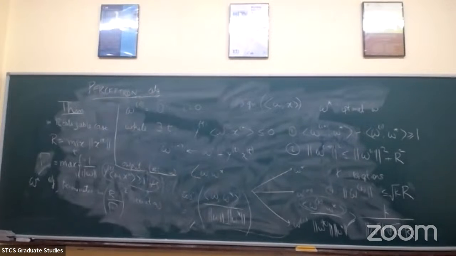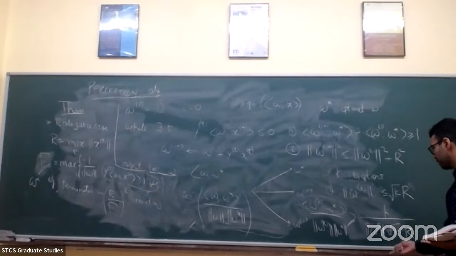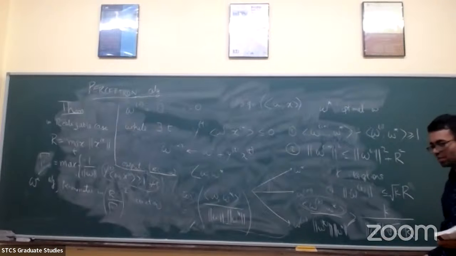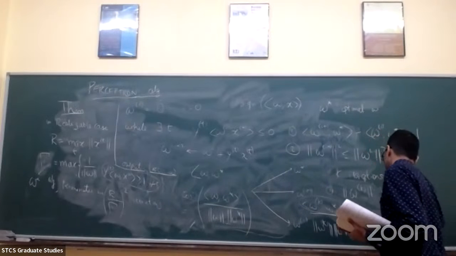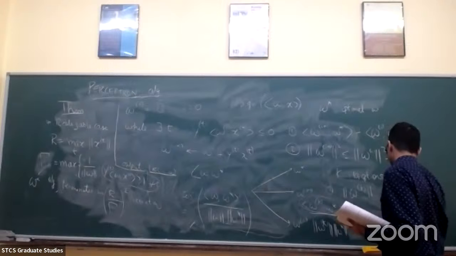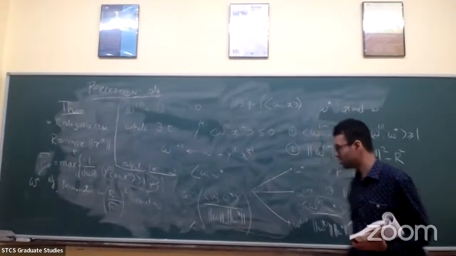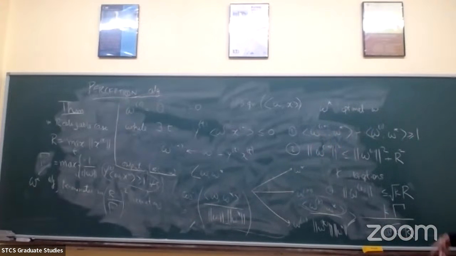So the thing in the bracket here is at least going to be this after K iterations. It's going to be pretty big.